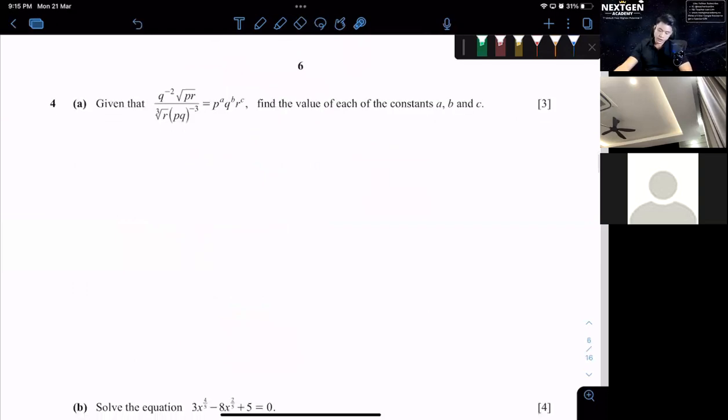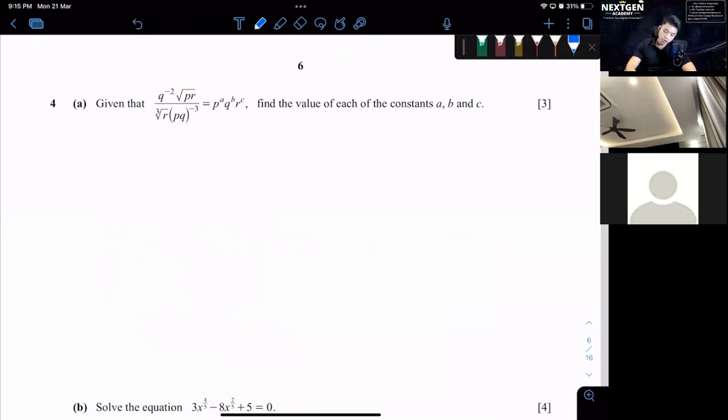Okay, 4A. Brandon's favorite question, this one. Given that Q to the negative 2 times square root of P times R over cube root of R times P to the negative 3 times Q to the negative 3 equals P to the A, Q to the B, R to the C. Find the value of A, B, and C. So what's our goal here? We want to gather all the ones with the same family, P, Q, and R together, so that we can put into one power.